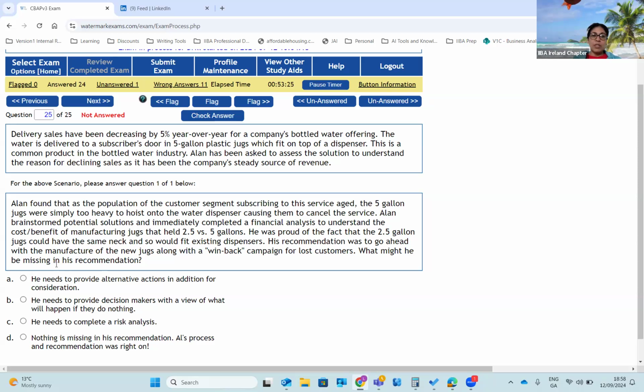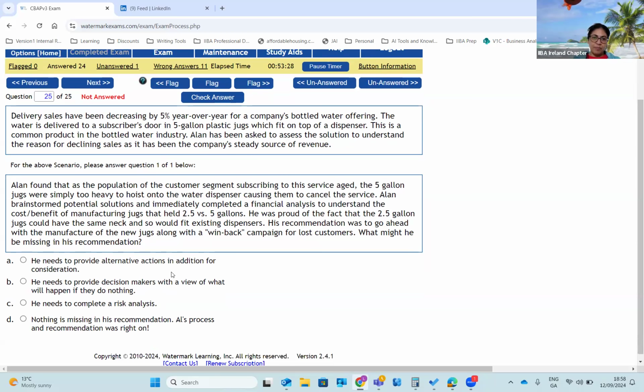What might he be missing in his recommendation? A: He needs to provide alternate actions in addition for consideration. B: He needs to provide decision makers with a view of what will happen if they do nothing. C: He needs to complete a risk analysis. D: Nothing is missing in his recommendation. Alan's process and recommendation were right on.